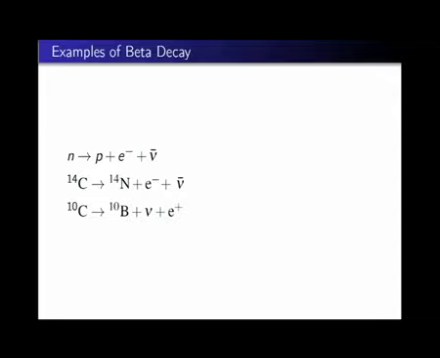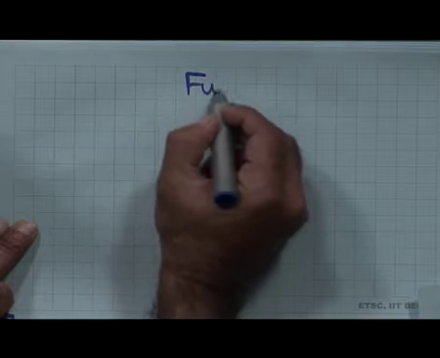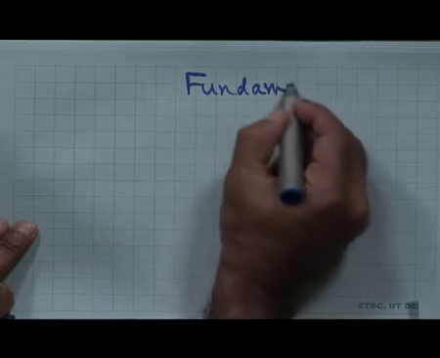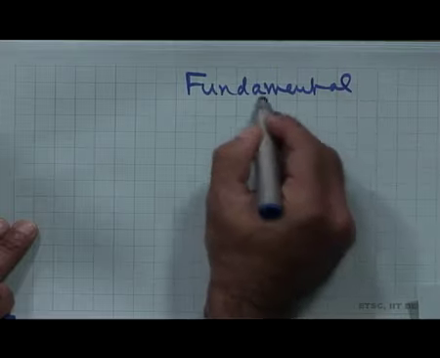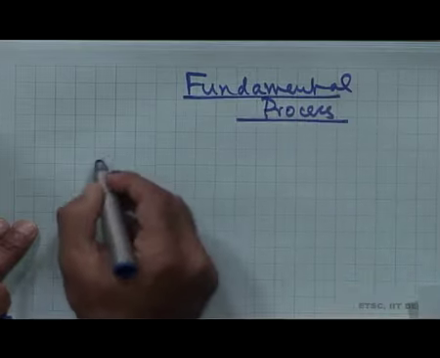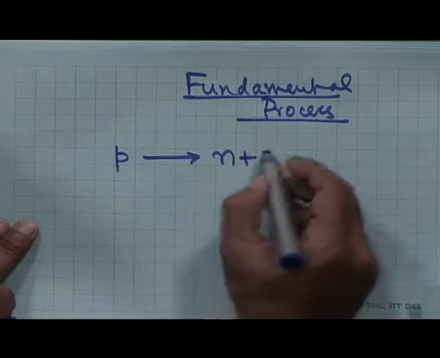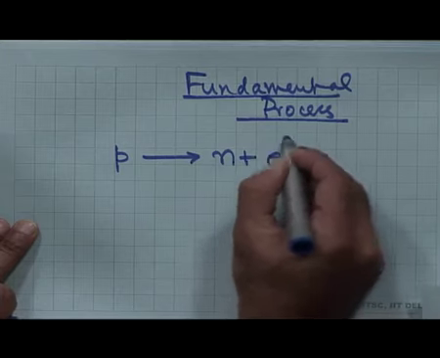One of the protons converted into a neutron. So, let me make a few statements on that. So, basically we are saying that the fundamental process is proton going to neutron plus positron plus nu.